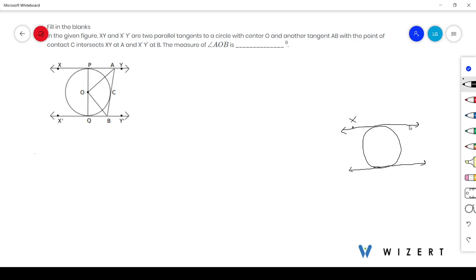This is XY and this is X'Y', and we have a circle centered at O. PQ is the diameter of that circle. Then AB is a tangent to that circle which touches at C.